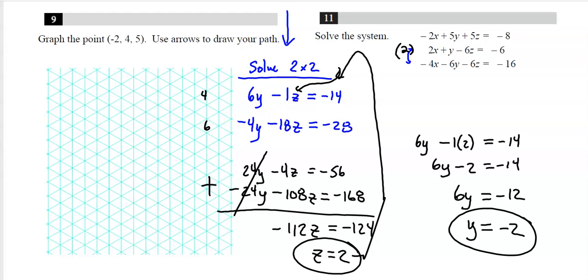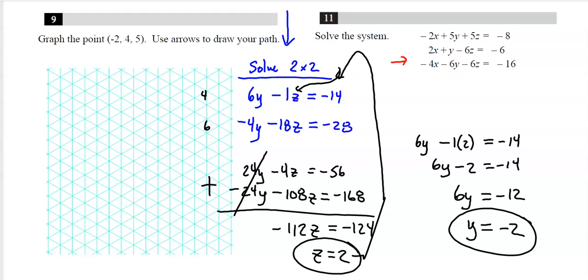Now I have 2 answers, and I have to go back to my original 3 by 3. This ain't easy, man. I don't know if they're doing this in regular advanced algebra, but you're in honors, so we're doing it. So I go pick an equation, and I got to put my z in, and I got to put my y in. So maybe I'll pick this row right here.